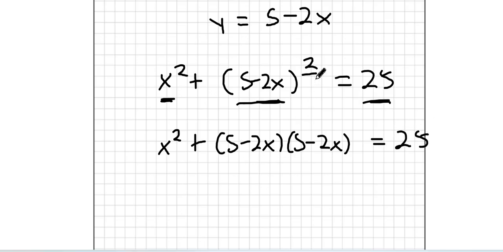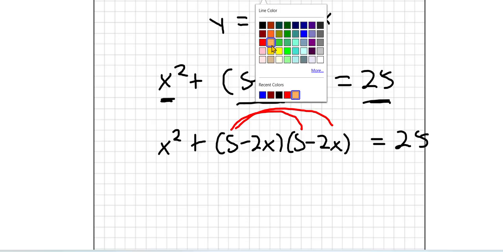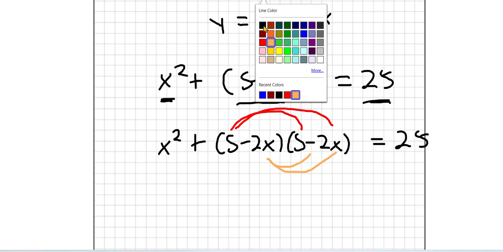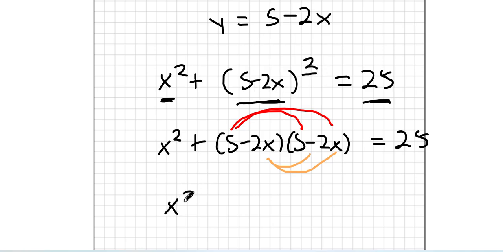See the way it's squared? Squared means write it out twice. Now you gotta do your 4 lines. 1, 2, it's a very long question. 3, 4. So what do you get when you multiply it out there? 5 times 5?